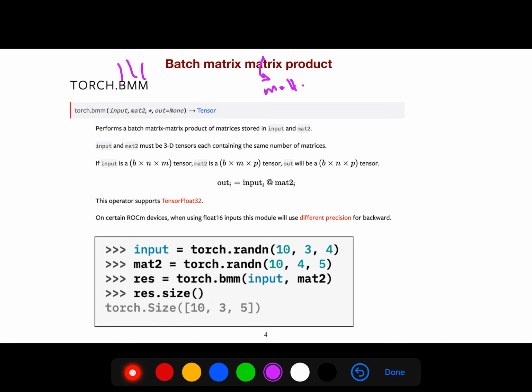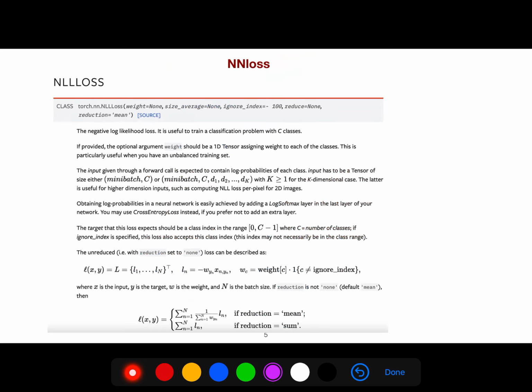The idea is that you have two matrices and you just multiply them, but we are also considering the batches, the elements in the batch. And there is another thing, NLLLoss. It means negative log likelihood loss. So it's useful to use it in this project as the loss of your model.